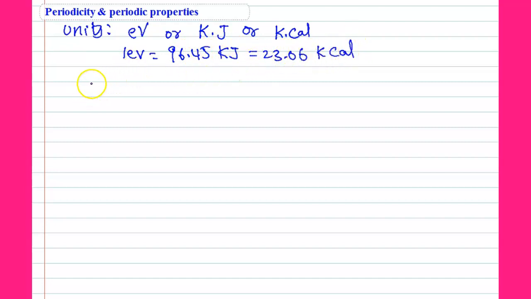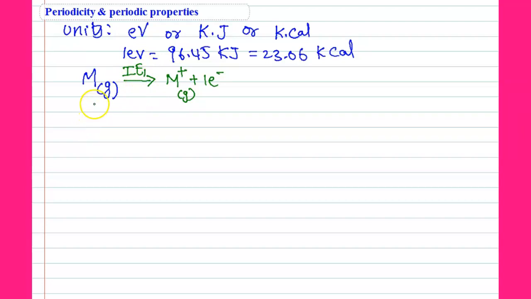Normally, suppose we are taking one element M in a gaseous state. Now we are going to remove one electron from this. That means it becomes M plus, because of the loss of one electron. This is nothing but ionization 1, because we are removing one electron.